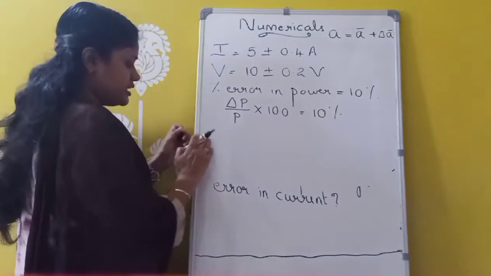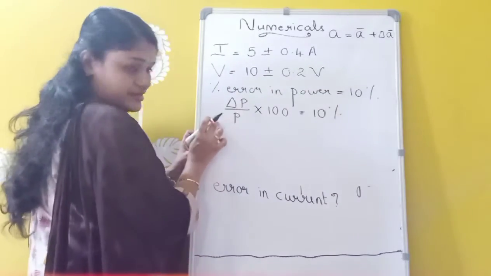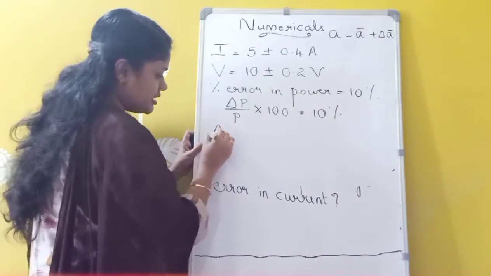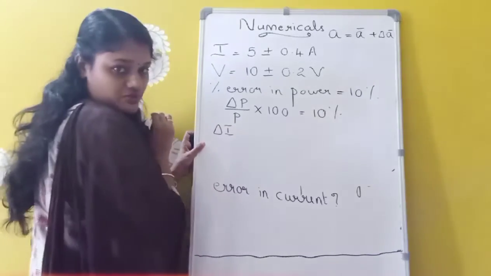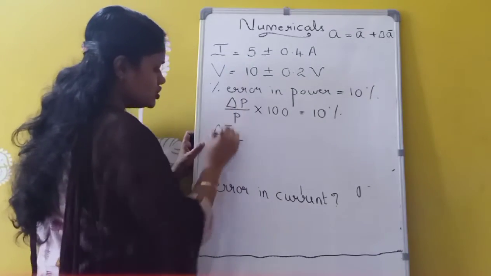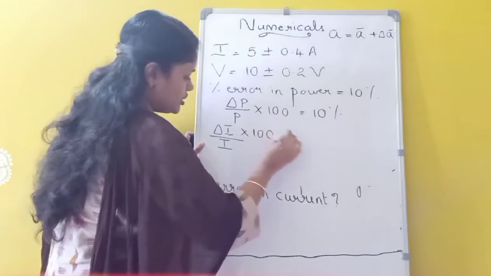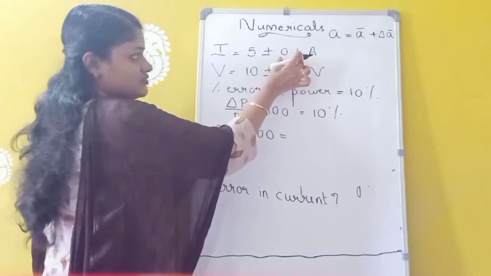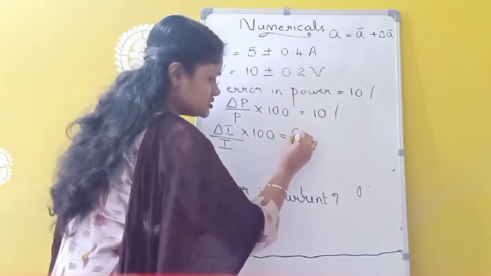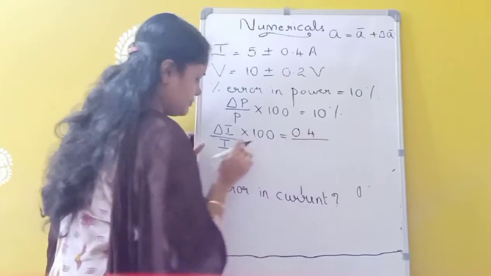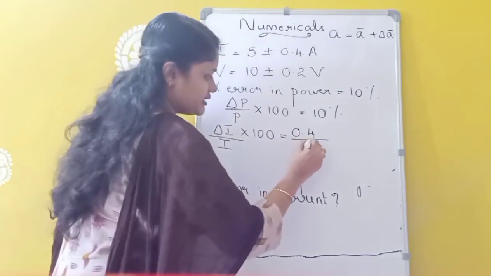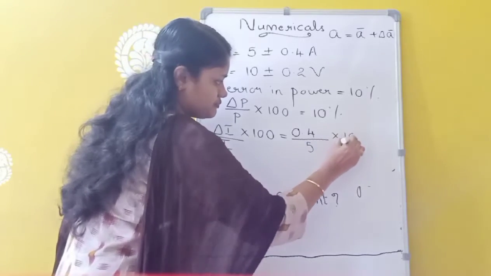So for current, how will you write percentage error? Same as this formula. Delta I, the absolute error in the measurement of current, divided by the true value of current into 100 equals 0.4 divided by 5 into 100.